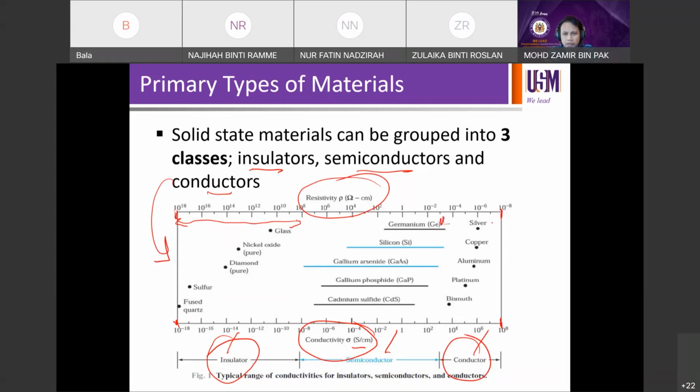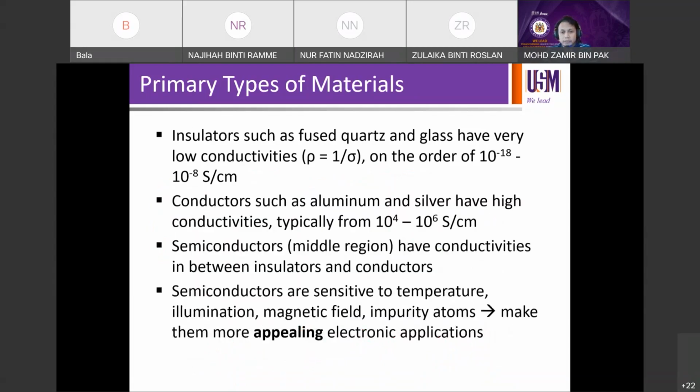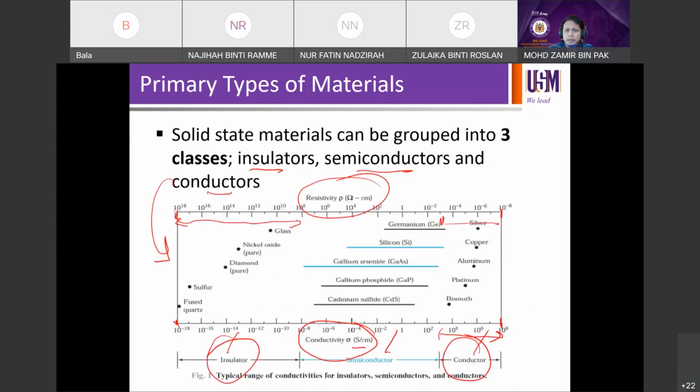On the other hand, the conductivity ranges from 10 to the 3 up to 10 to the 8, pretty much, right? The examples of materials are very clear. They are the typical metals that we use. Perhaps some of you are working on metals for whatever purpose for your FYP as well.